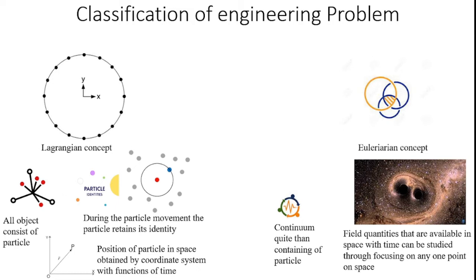From that one point we can understand the entire domain or entire space available with the object for analyzing. And if I want to analyze some system or object, what are the steps I follow as an engineer? All engineering problems are represented with boundary conditions.